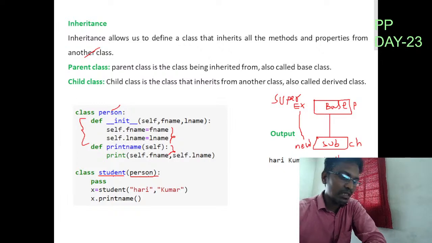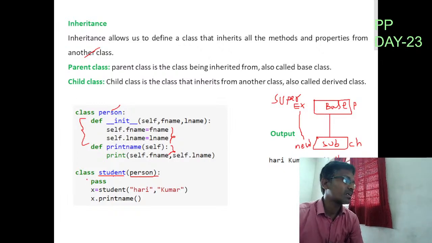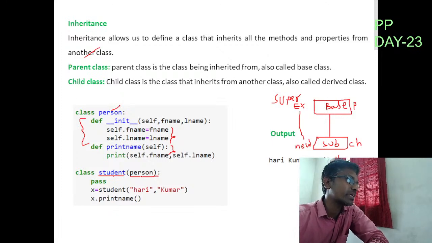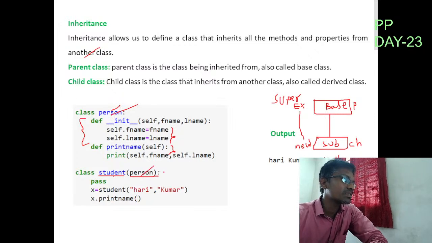In Python you write class followed by the subclass name or new class name. In this example the new class name is student, and that student will be derived from the existing class called person. In other languages you have to use the extend keyword.